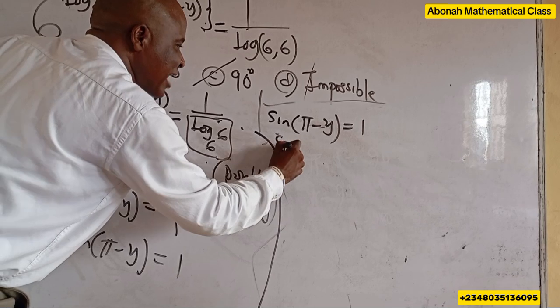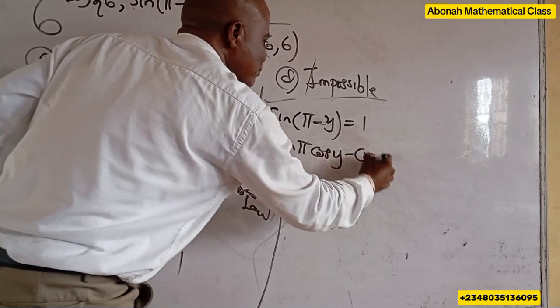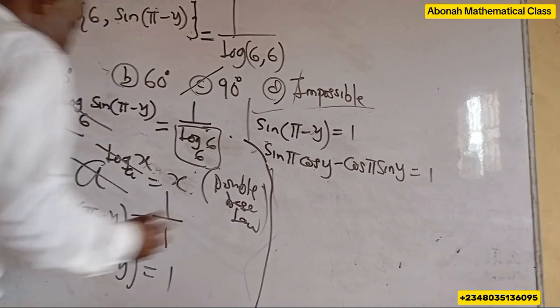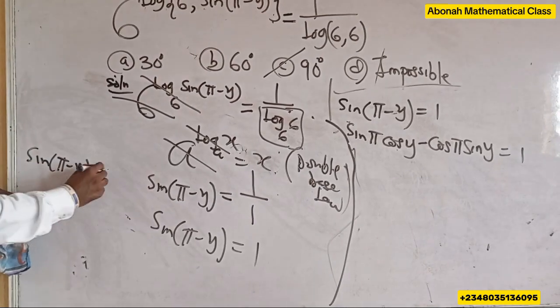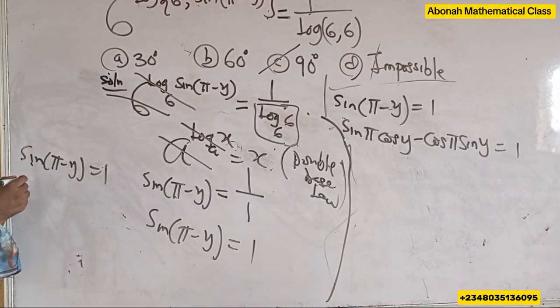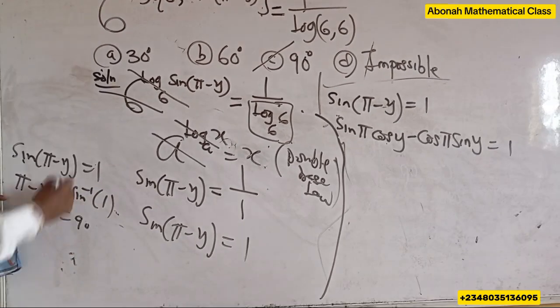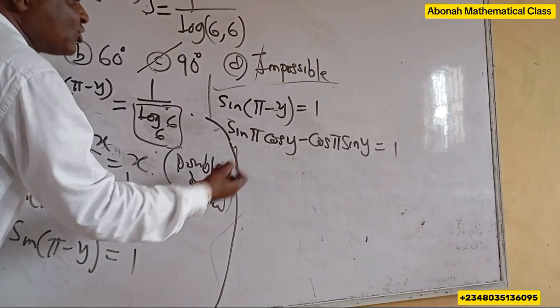The trigonometry identity is sin pi cos y minus cos pi sin y equals 1. Initially, in the first method, I said pi minus y equals sin inverse of 1, and I got 90 here. But this is another method we can use to approach this question.